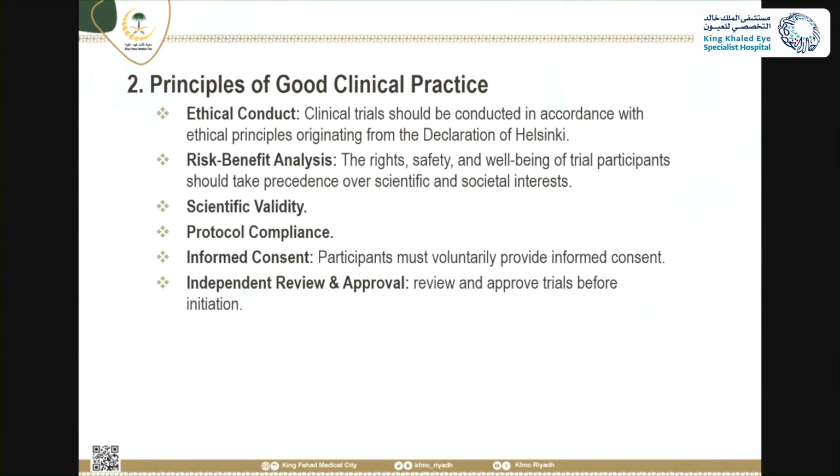But when it comes to an investigator-initiated clinical trial, for example, someone on your team who wants to start a clinical trial, they lack how to provide a protocol with a good and valid scientific research proposal. So you need to understand that it is the responsibility of the investigator.